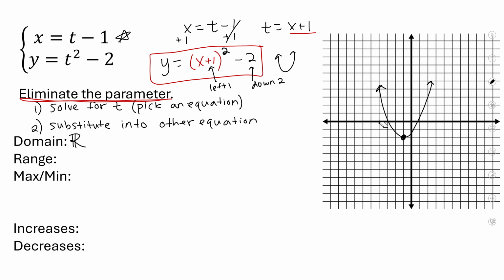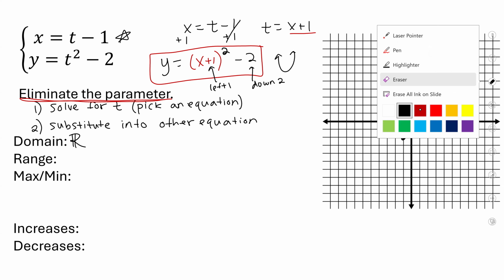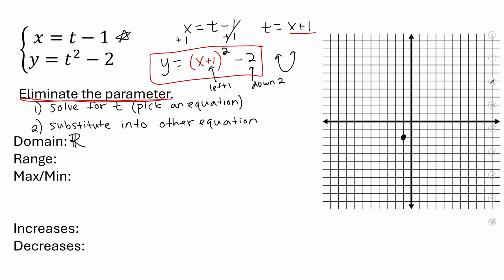You can get more specific points. If you were to multiply this out, you'd get x squared plus 2x minus 1. If you plug in zeros, your y-intercept is (0, -1). And if you use the quadratic formula, you'll get your x values. So this is what your graph looks like.